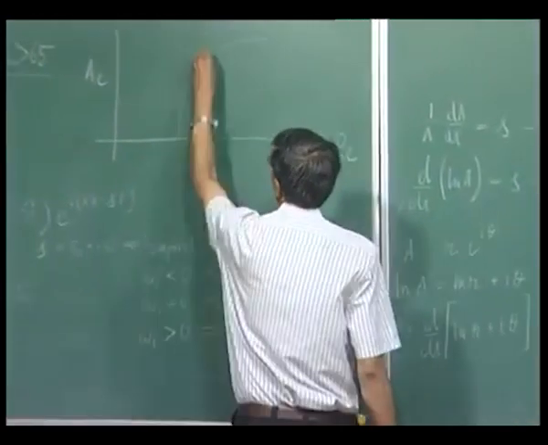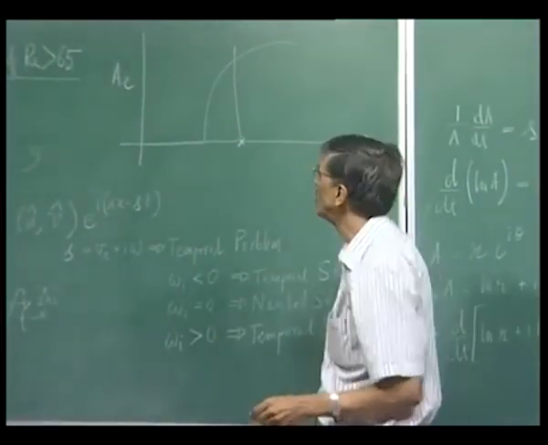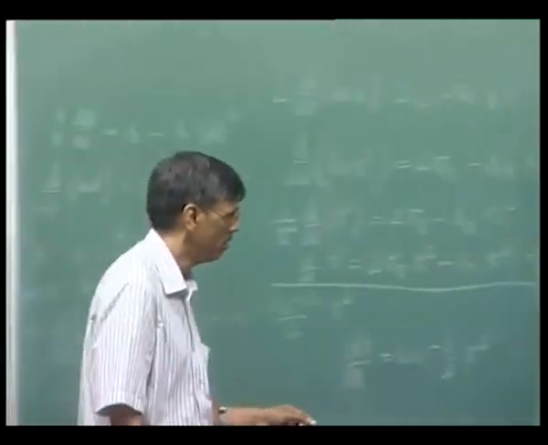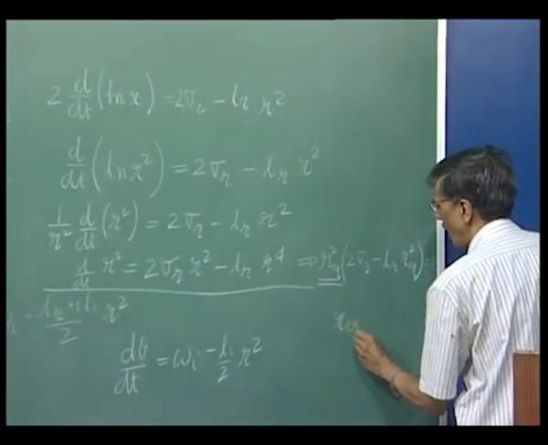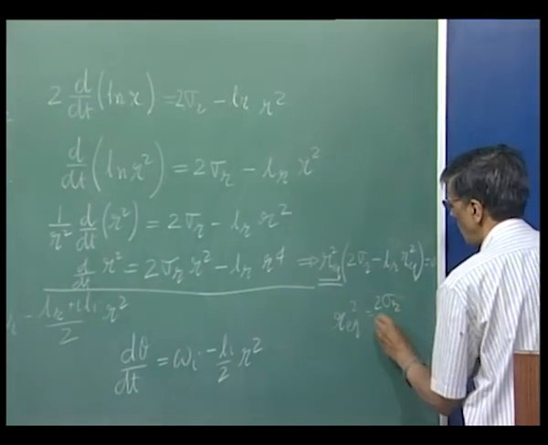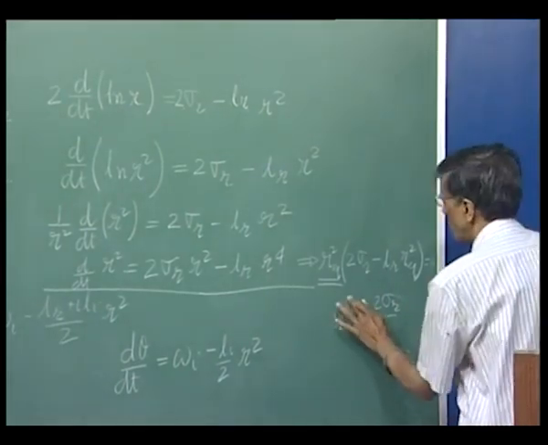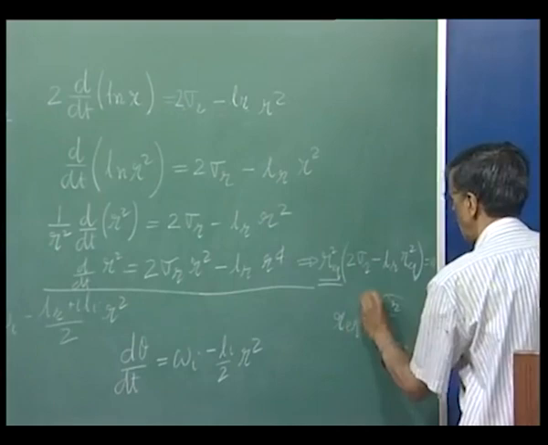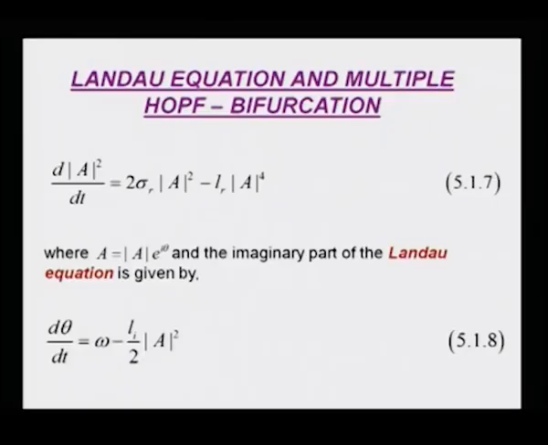So at any Re, I have one solution that corresponds to r equal to 0, and the other solution comes from here. So, of course, I will write it like this. Landau's equation, without even solving, helps us identify the equilibrium state.